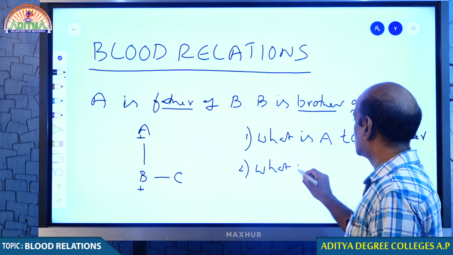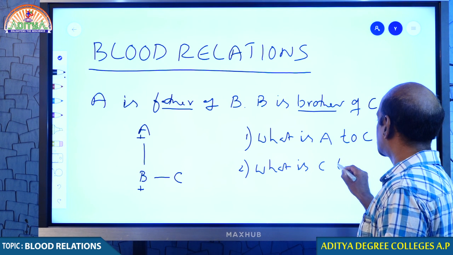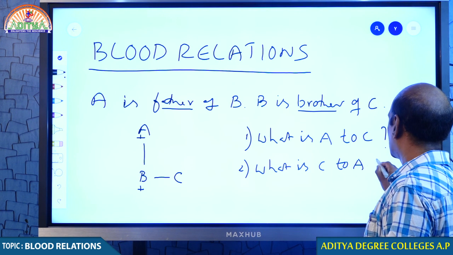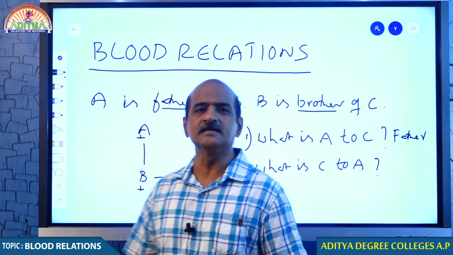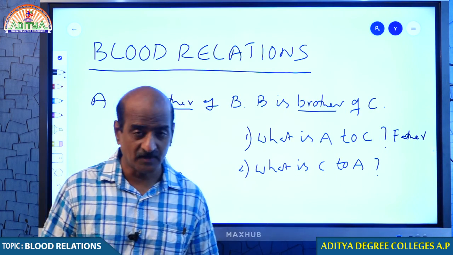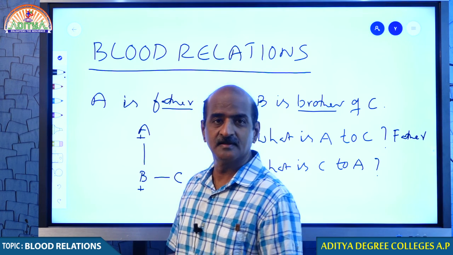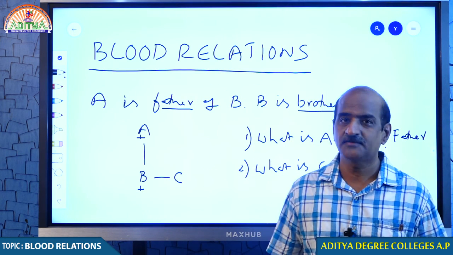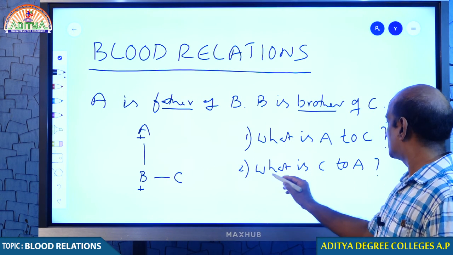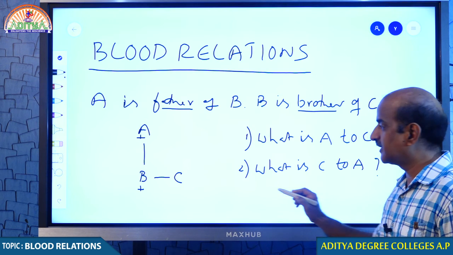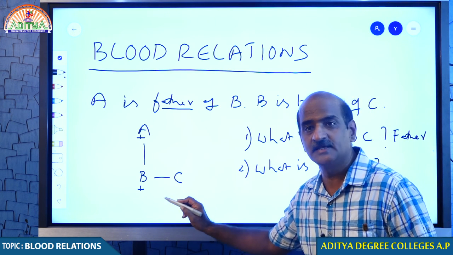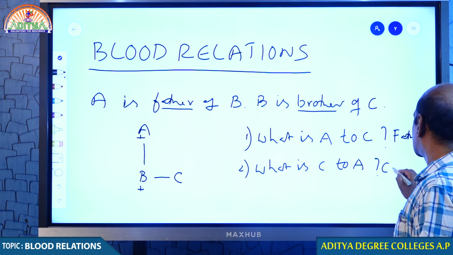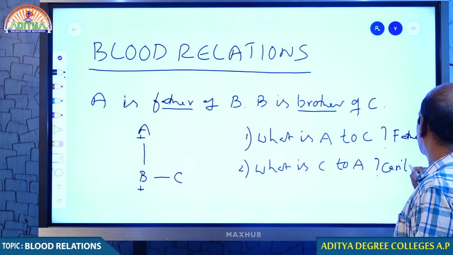Probably, if my question to you is what is C to A? Yes. What is C? Maybe father, maybe son, or maybe daughter. To confirm this answer, we need to know the gender of C. Because the gender of C is not given, your answer is can't say.